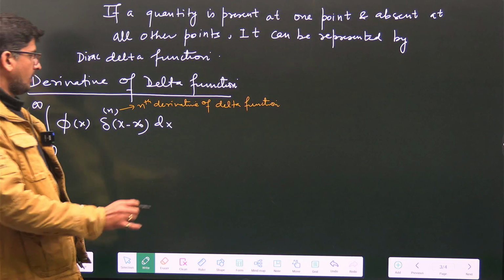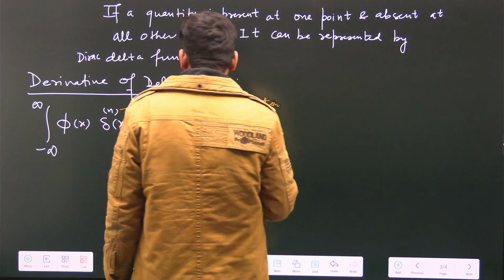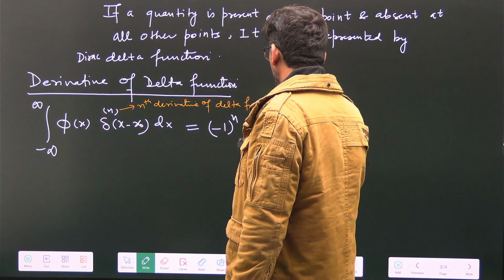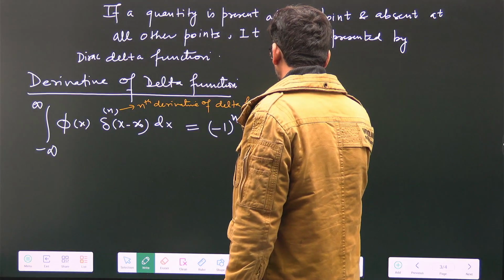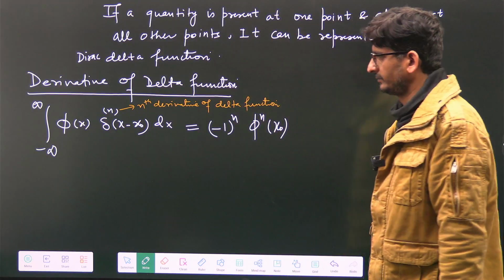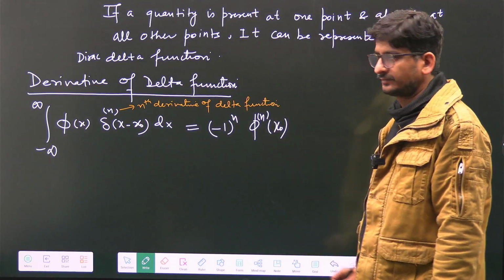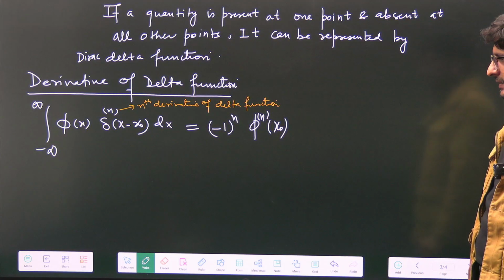This is equal to minus 1 to the power n and f n (x naught). What is this n means? Nth derivative of delta function.